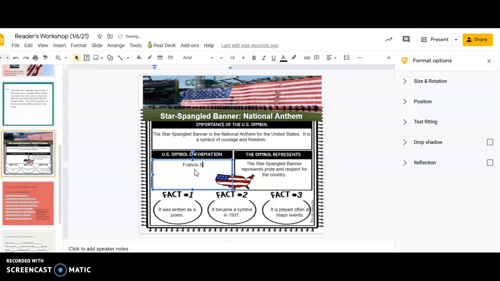Francis Scott Key wanted to honor the courage of soldiers during the battle, the War of 1812.